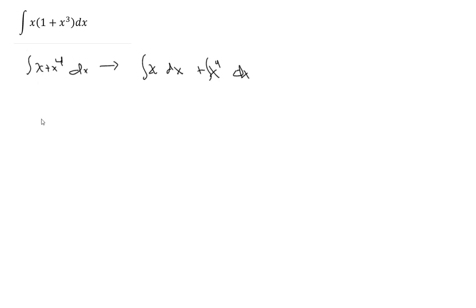So first we'll integrate x, and hopefully you remember how to integrate. If not, we'll go over it pretty briefly. When you took a derivative, for example, you would take the 2 and multiply it; it would become the coefficient, and then the exponent would be whatever it was minus 1.